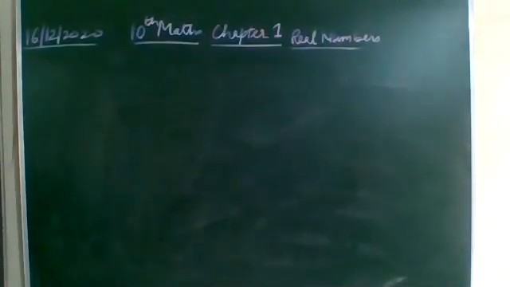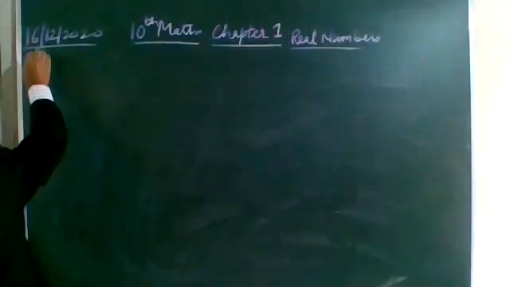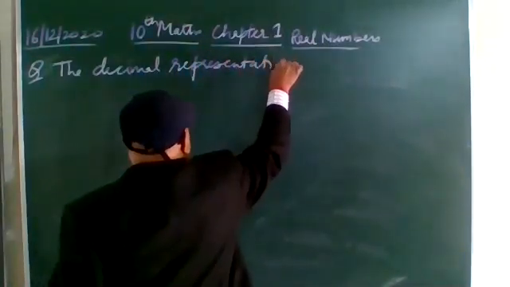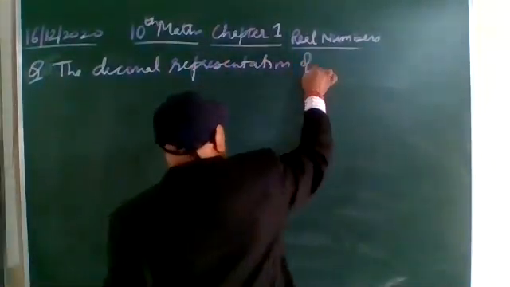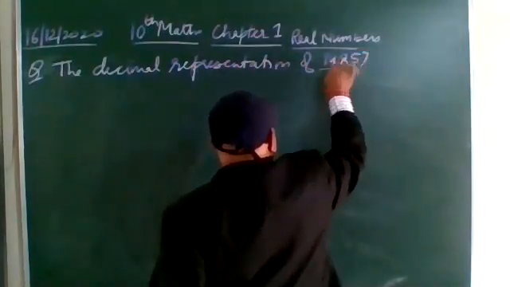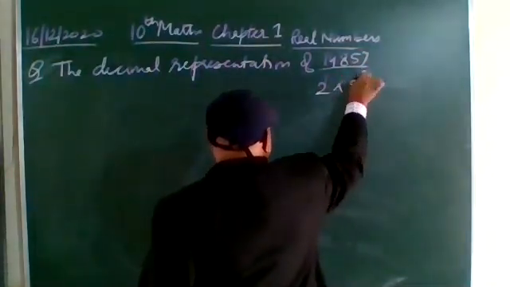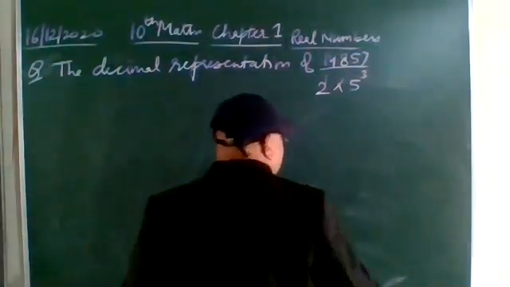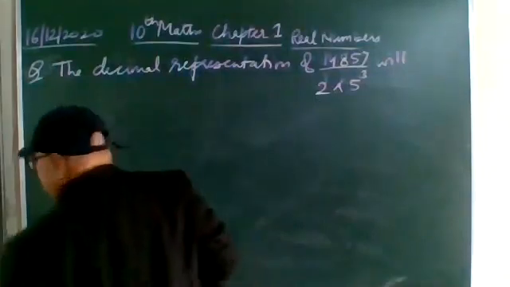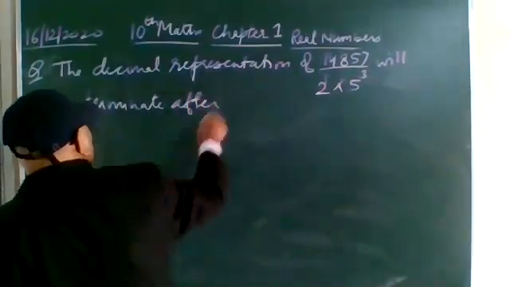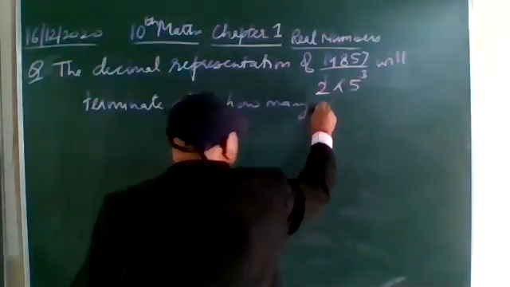The next question: the decimal representation of 14857 upon 2 to the power 1 into 5 to the power 3 will terminate after how many places?